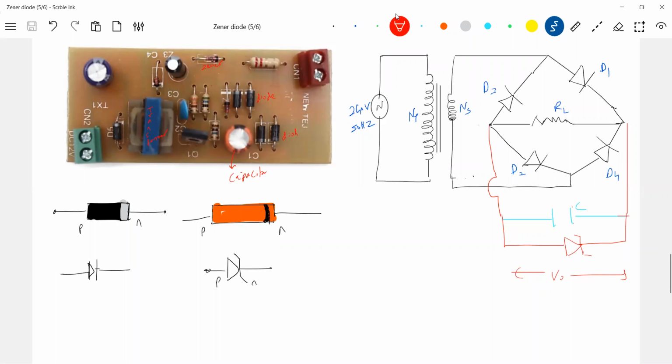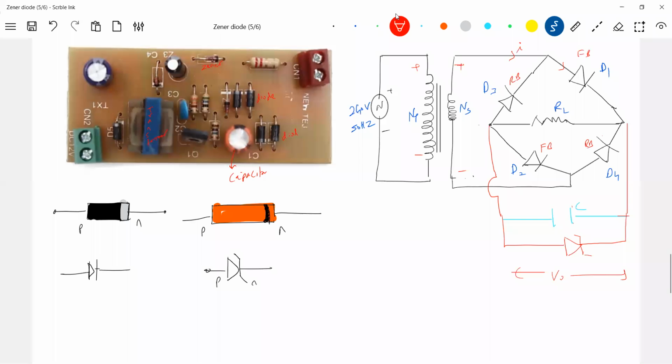Okay, how will the circuit work during the positive half cycle? This will be positive, this negative. Which diodes will be forward biased? This will be forward biased, this will be forward biased. This will be reverse biased, then this will be reverse biased. This will be forward biased. The current will flow like this.